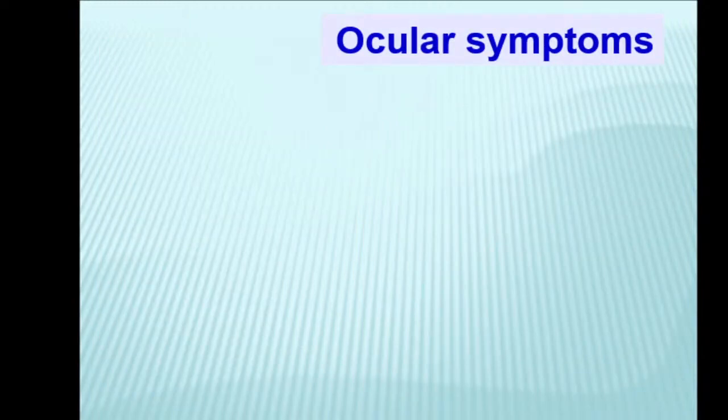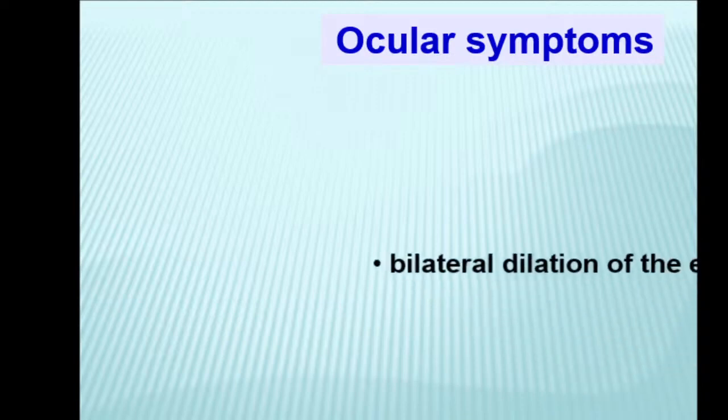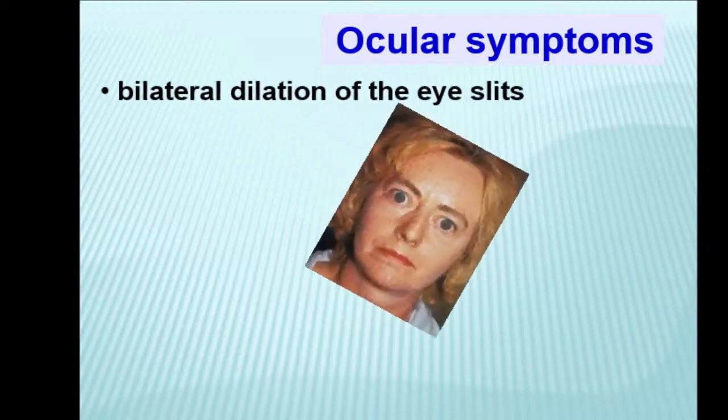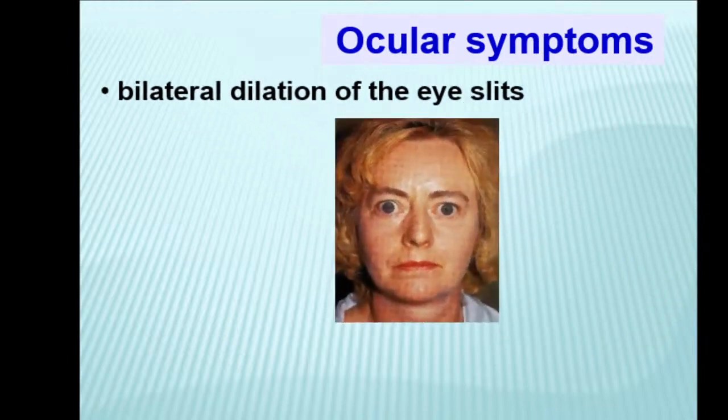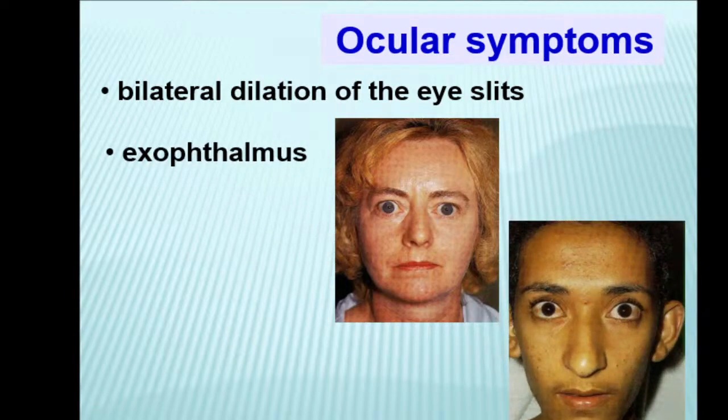Ocular symptoms. We'll check specific ocular symptoms which are characteristic for thyrotoxicosis. This question also will be given separately on the exam. Check ocular symptoms. First of all, we'll pay attention to bilateral dilation of the eye slit, which is the initial stage. Then we can see that the eyeball protrudes forward.